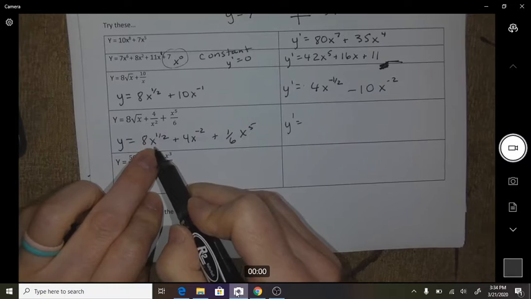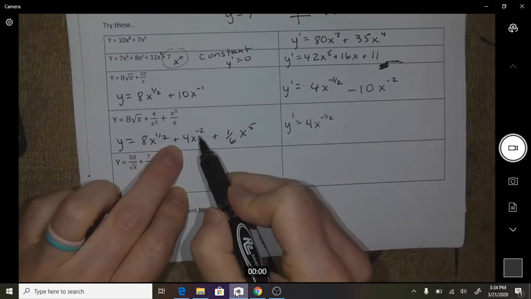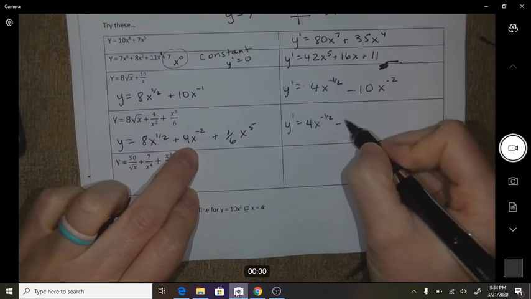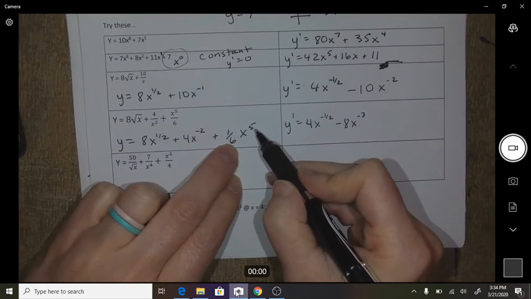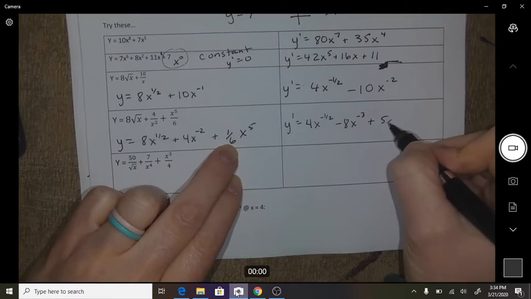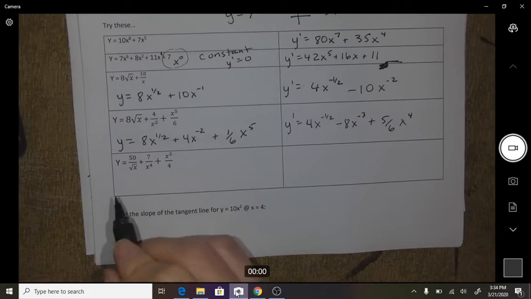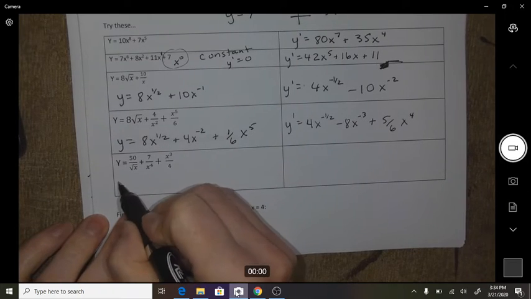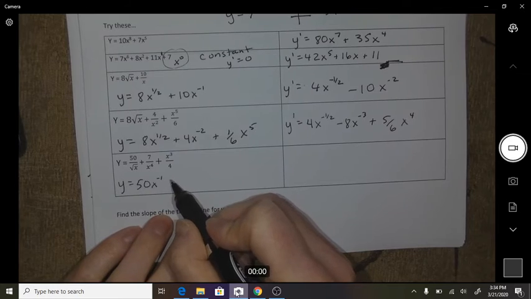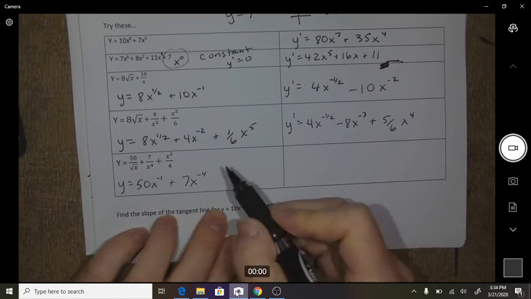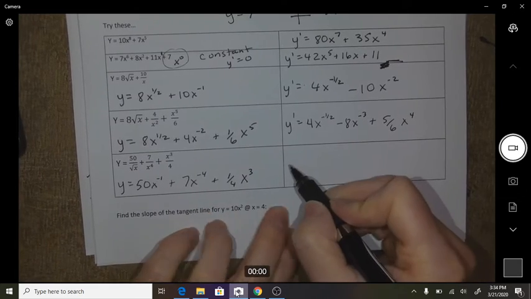So 4x to the negative a half, negative 8, and then to a negative 3, and this would multiply to 5/6 x to the 4th. Okay, again, let's rewrite 50x to the negative 1 plus 7x to the negative 4 plus a quarter x cubed.